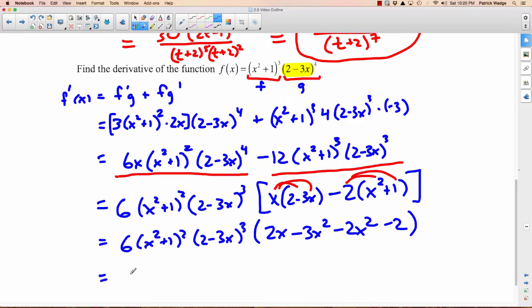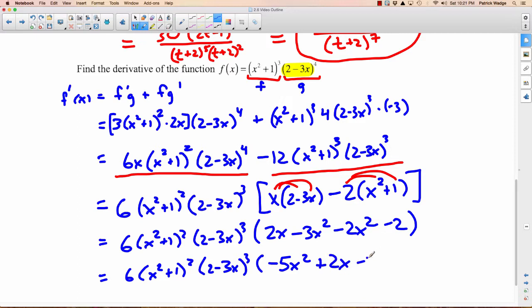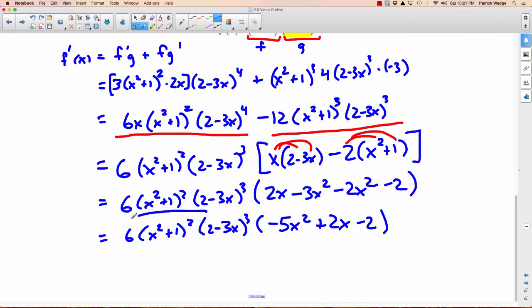And again, we're just going to leave these first things alone, squared, 2 minus 3x cubed. Let's see what we can combine. Let's put them in descending order. So we have negative 3x squared and negative 2x squared, which is negative 5x squared. We have a 2x, and we have a minus 2. And we're done. Believe it or not, this is the derivative.